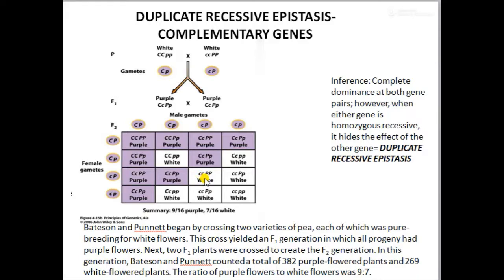In this one the C is recessive but P is dominant, and in the other white also C is recessive and P is dominant, and vice versa. So in 6 of these varieties, either C will be capital or P will be capital.